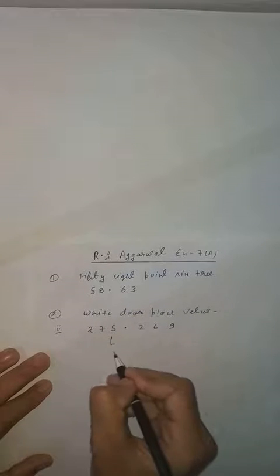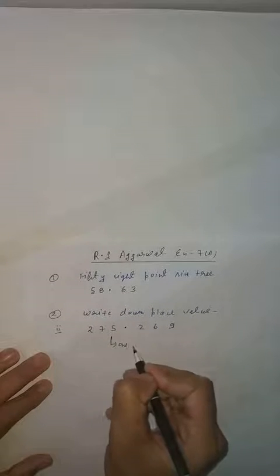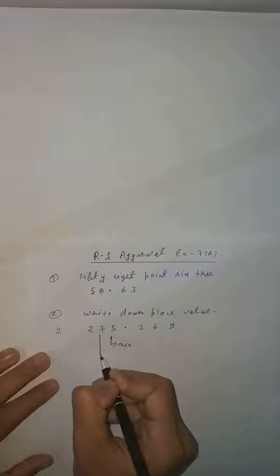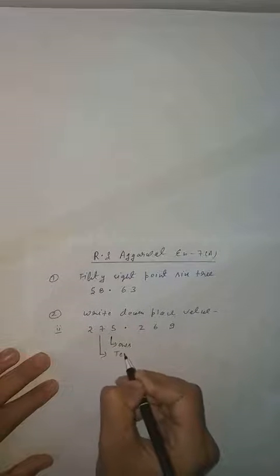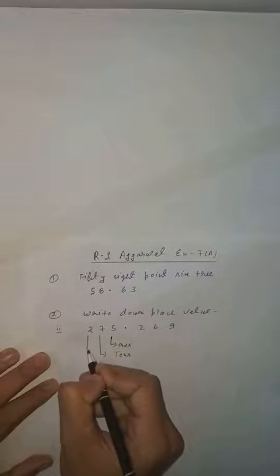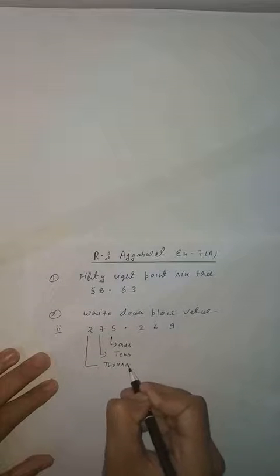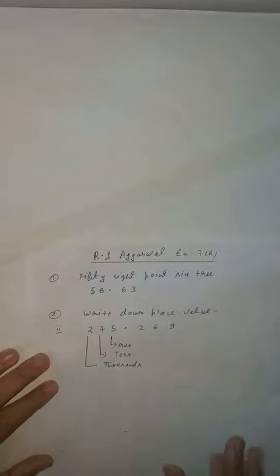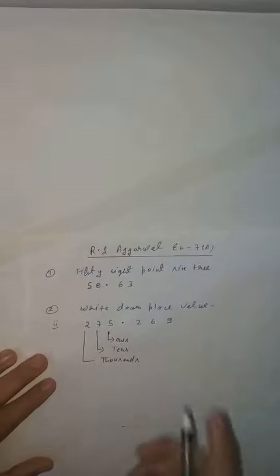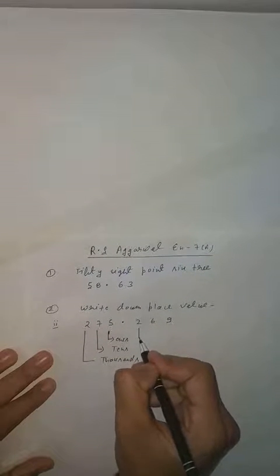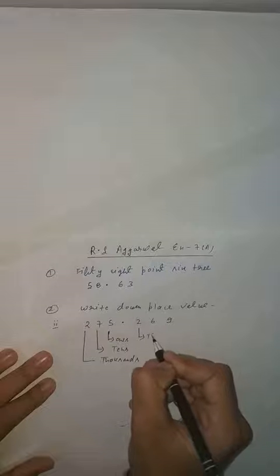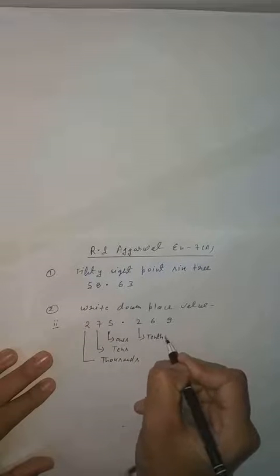Clear, student? Now you know how to write the place value. This is your ones. Clear? This is your tens. This is your hundreds. Clear, student? This too you know. Now after the decimal, the first digit is known as tenths. Clear?